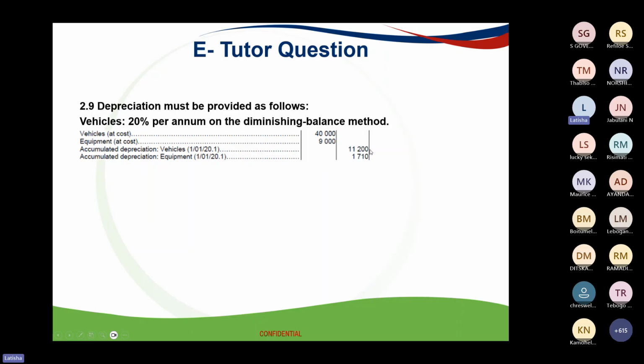So now we just do a straight calculation of depreciation for the current year. There's no new vehicles bought during the year because there's no explicit information where we're told that. So here, diminishing balance method, cost 40,000 minus accumulated depreciation 11,200 equals your carrying value, multiplied by 20%.